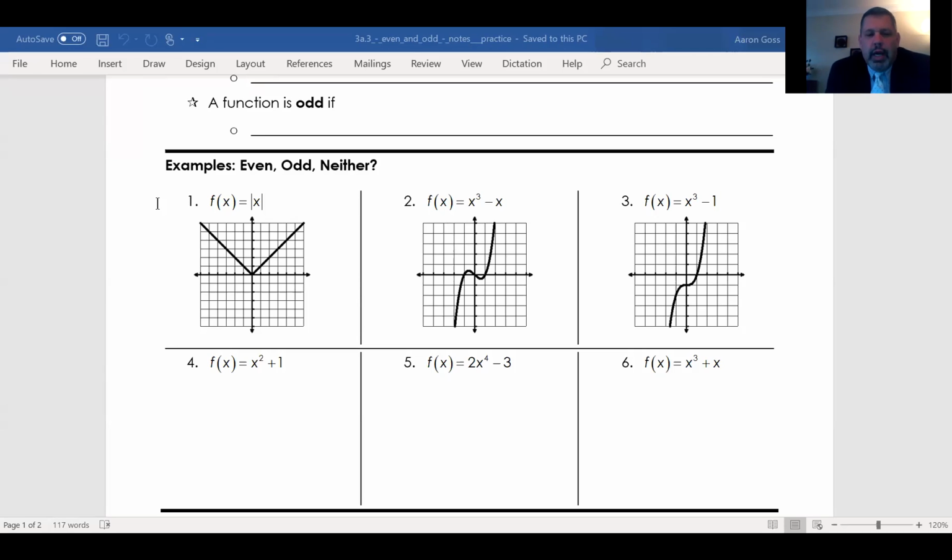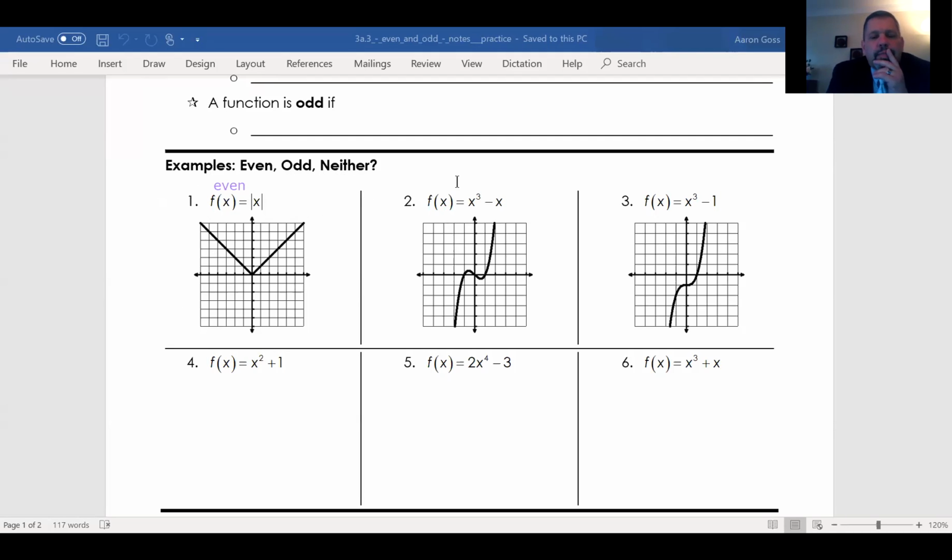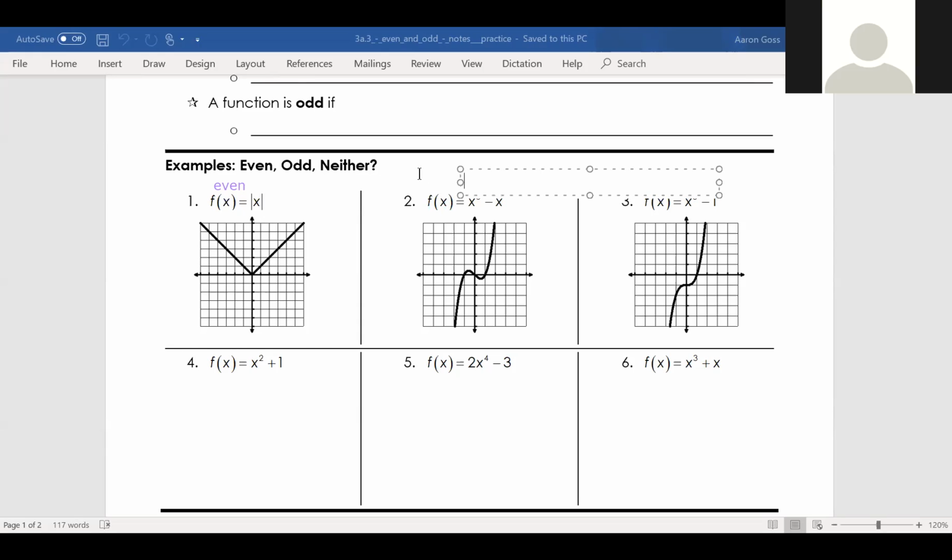If I folded it hot dog style, would this line over here match this line over there? Yes. So it's symmetric about the y-axis, that's an even function. So if it's not symmetric, it's not even.